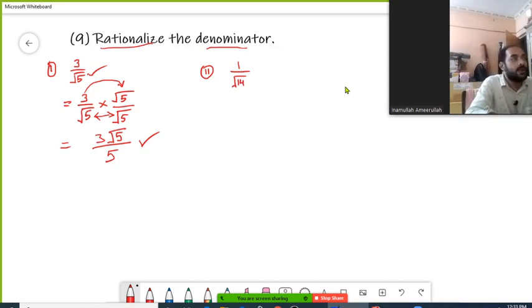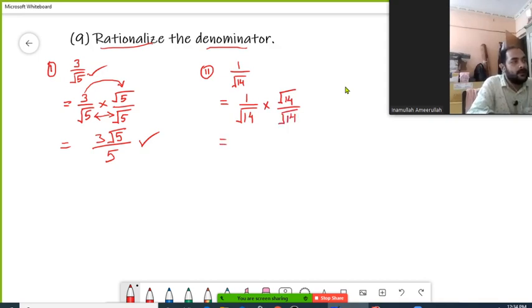So what I'll do, I'll take my denominator and multiply with the numerator as well as the denominator. So I'll write my original fraction 1 upon root 14. Then I'll multiply root 14 in the numerator as well as in the denominator.